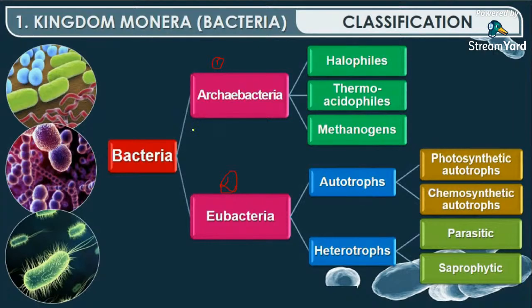They are known as pseudobacteria, or false bacteria, because their cell wall composition is different. And eubacteria are known as true bacteria.